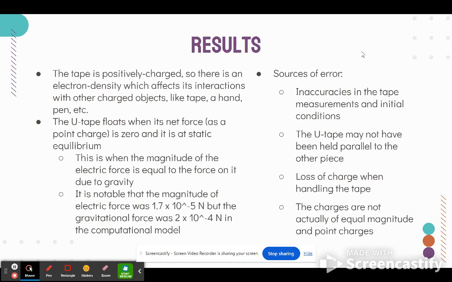Also, the U-tape may not have been held exactly parallel to the other piece, which could have affected how it moved, and there is also very likely loss of charges when handling the tape and moving it near other charged objects, as will be explained later in the discussion. And also the assumption that the charges are of equal magnitude in point charges does simplify the calculation a lot and may have led to inaccuracies.